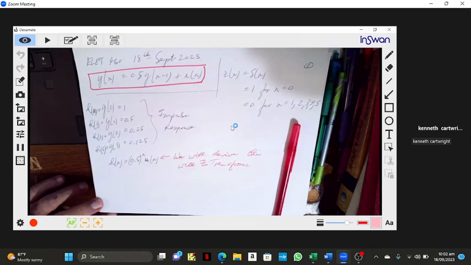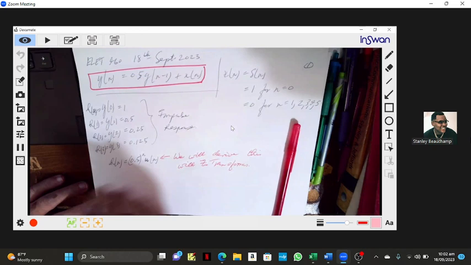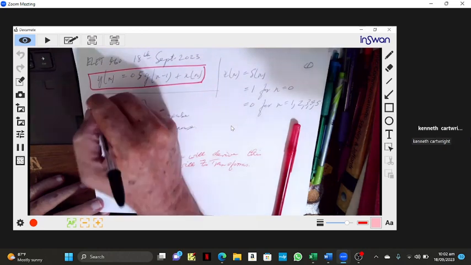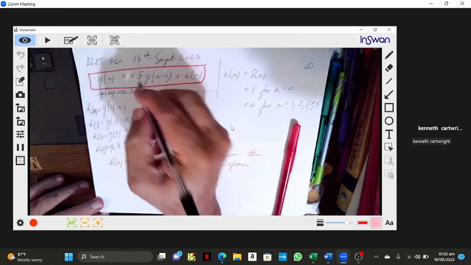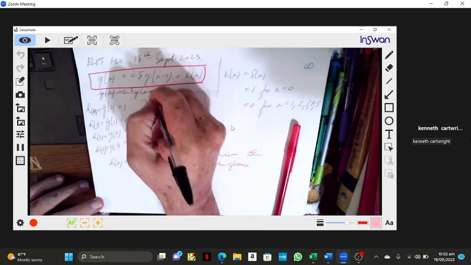What's the A vector for this filter? That's 1 and negative 0.5. Thank you very much. So this is y of n minus 0.5 y of n minus 1 equals x of n.